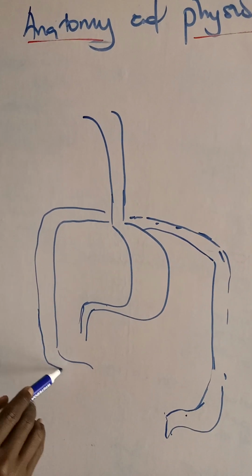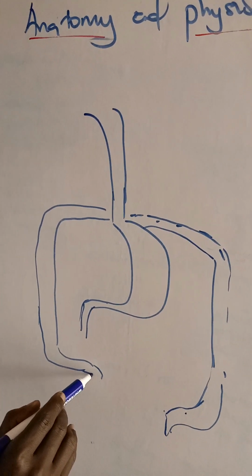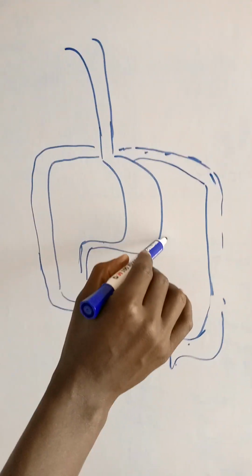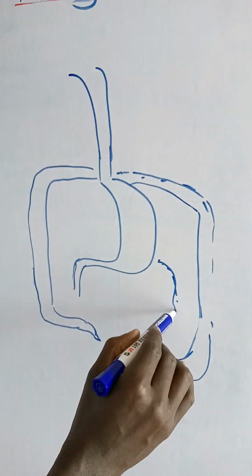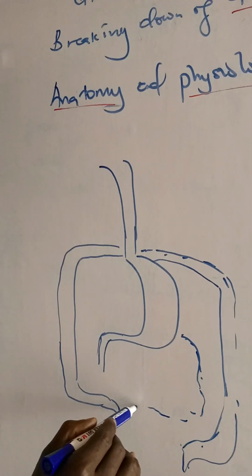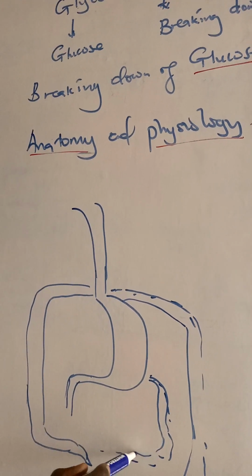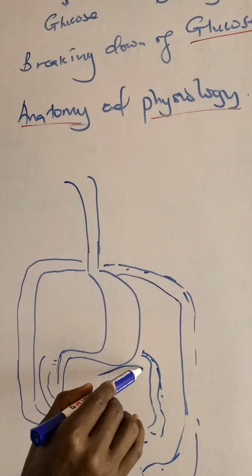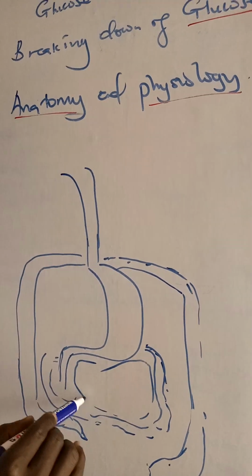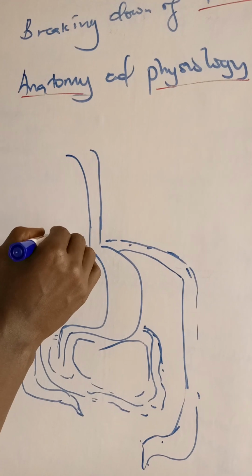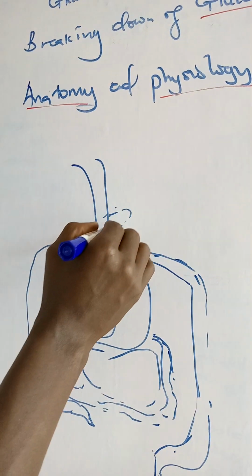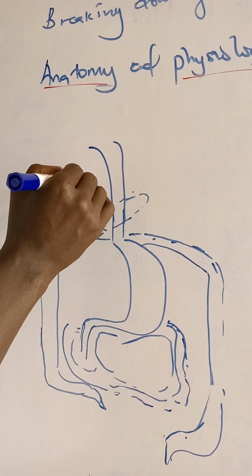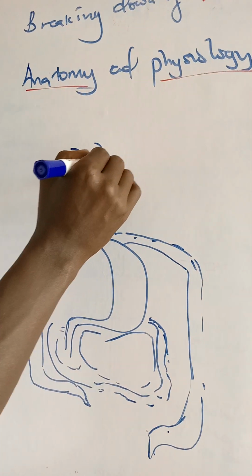I'm calling this my large intestine, and around the large intestine we have the small intestine. Then around somewhere here I have my pancreas. Then around here I have my liver.